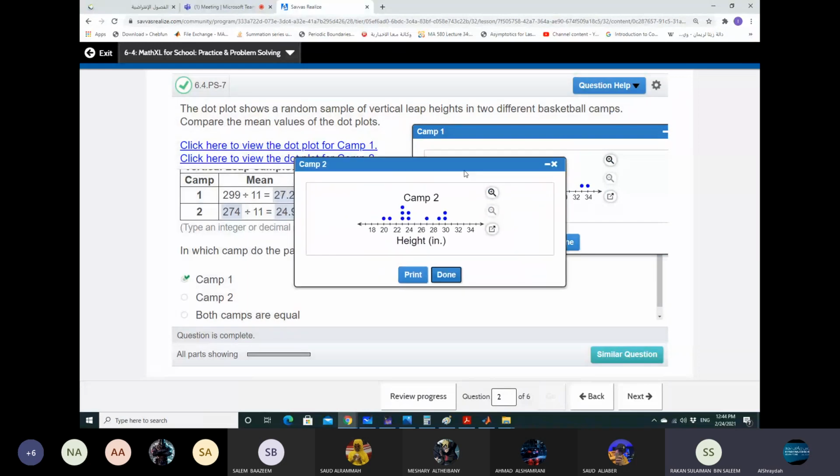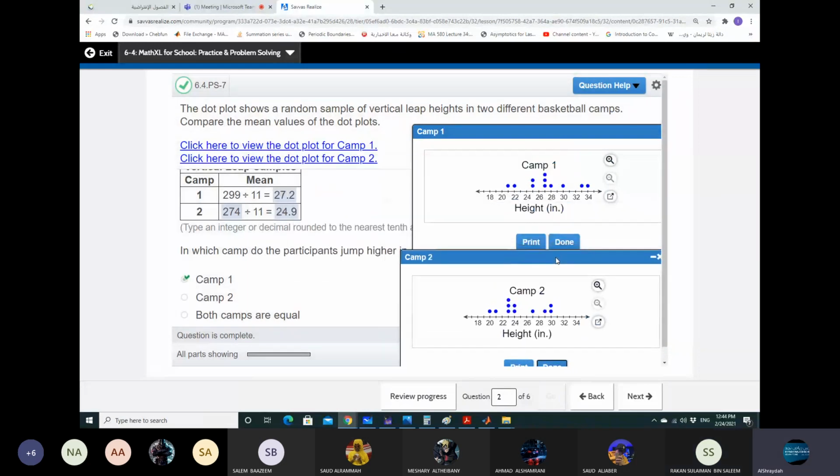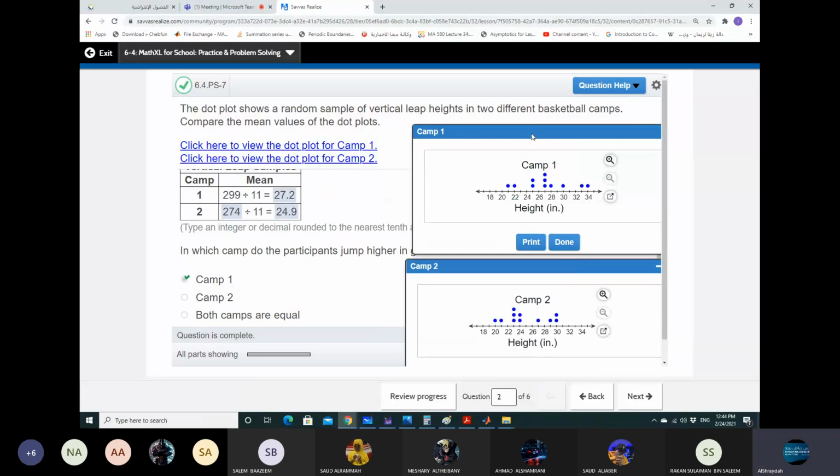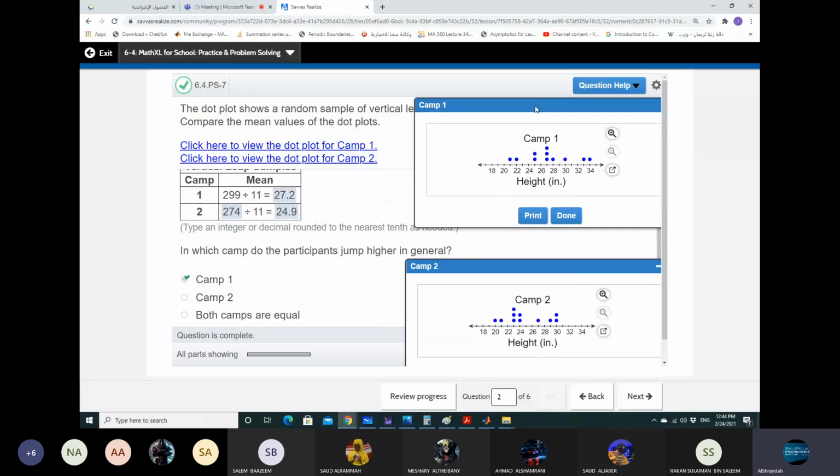I'll put the figures for you. You can calculate the mean by adding the data values and dividing the result by the number of data values that you have. Then you can make inferences about the population.